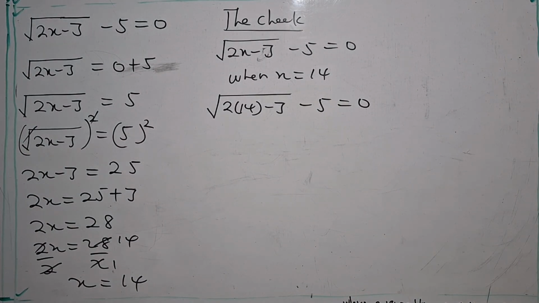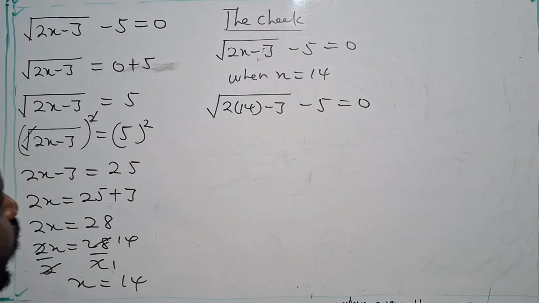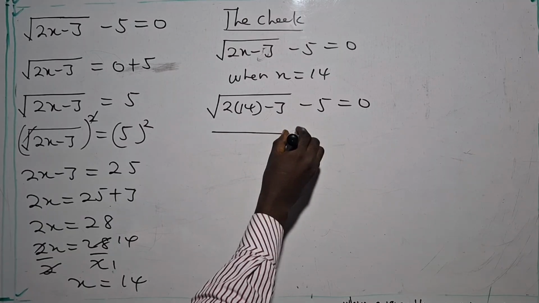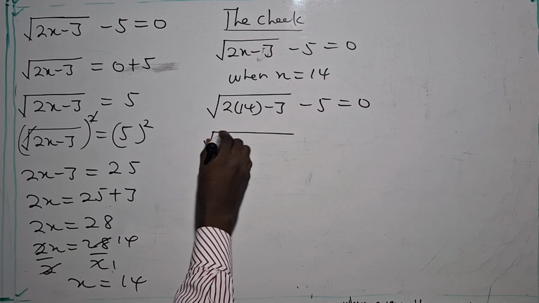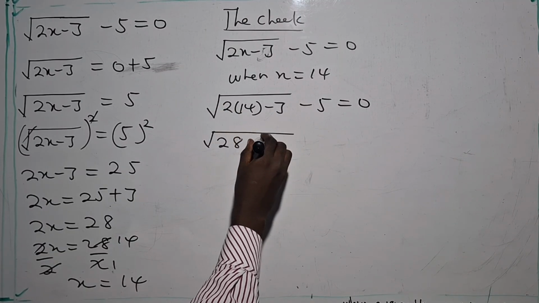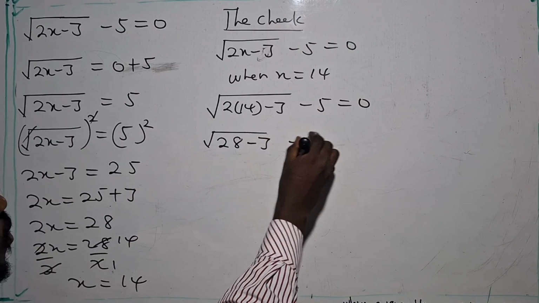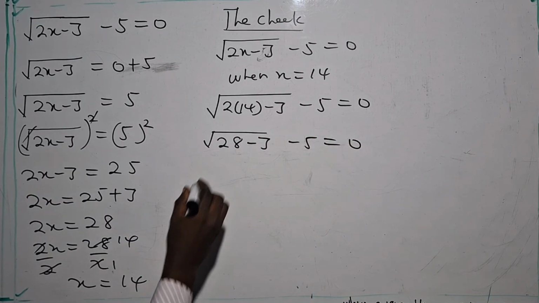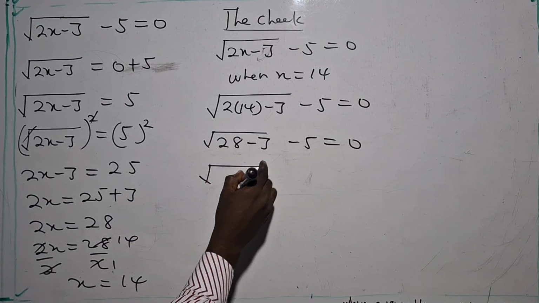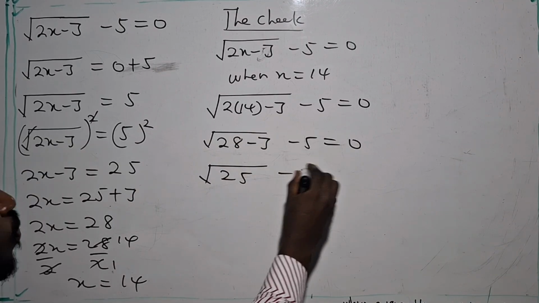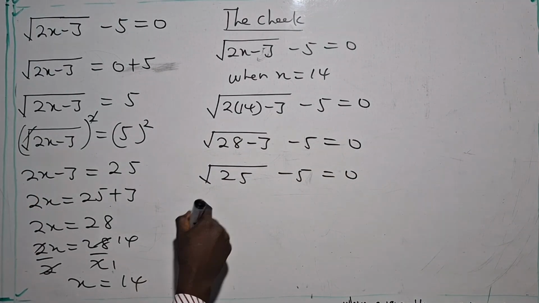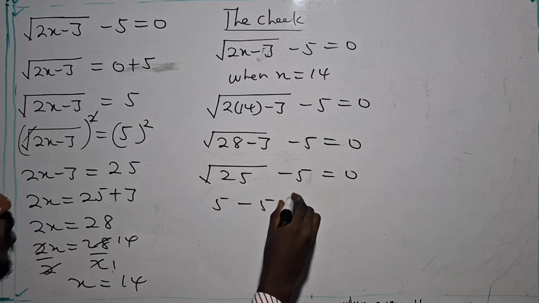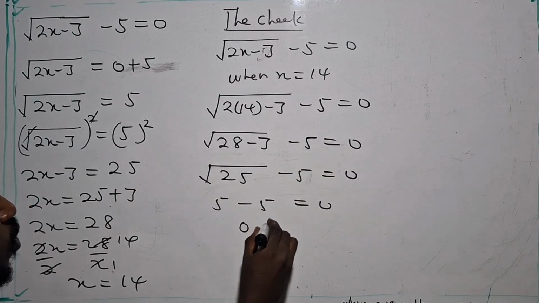So the left hand side should equal the right hand side. This gives the square root of 28 minus 3, minus 5 is equal to 0. Now 28 minus 3 is 25, and the square root of 25 is 5, so 5 minus 5 is 0.